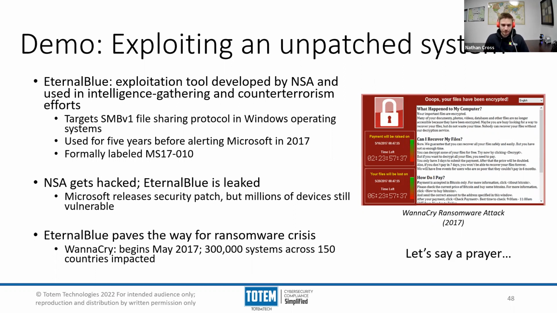And even though they would demand payments in exchange for decrypting files, there was no guarantee that they actually would decrypt the files. And so it was just a really ugly situation all around. Lots and lots of people were affected by this. And ultimately, those affected were those who did not have that emergency Microsoft patch installed.